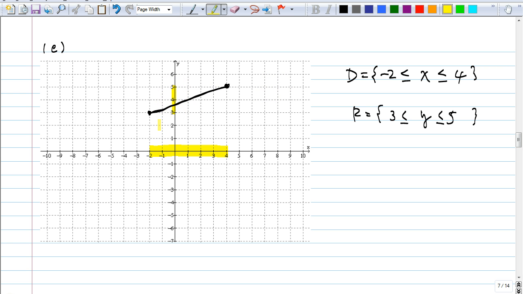Aren't those your range? It's kind of easy to see once you have a graph. Basically, that's what they are. Do you guys see that? Look at all the ordered pairs being used. Well, it's got to be all the x's right down here. Look at all the y's being used. It's got to be between these points, otherwise it won't be on that line segment. Any question? Are you good?